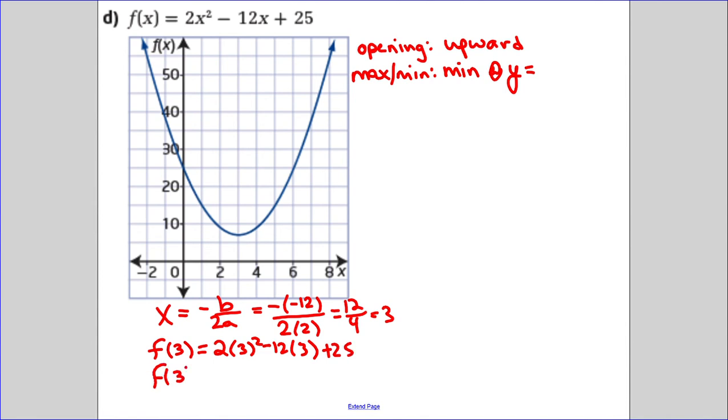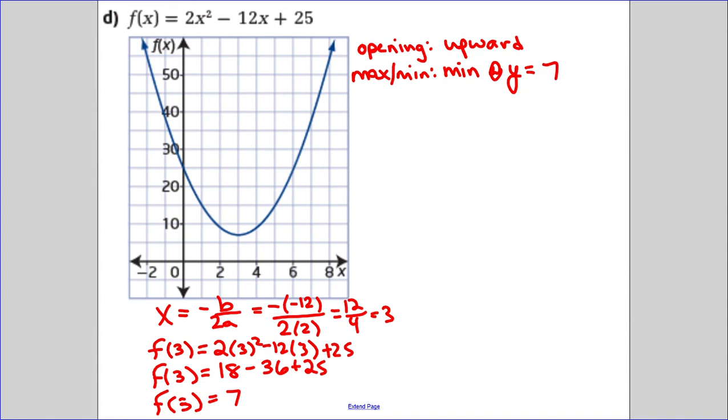So 3 squared first is 9, times 2 is 18, minus 36 plus 25. And so my function here is going to work out to be 7. So that means that I have a minimum value at y equals 7.